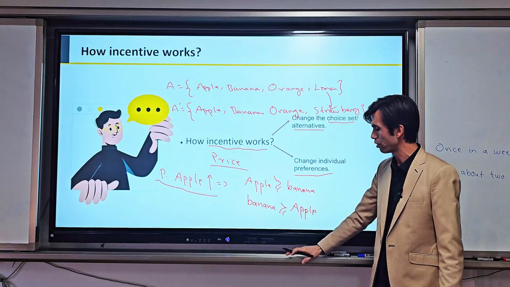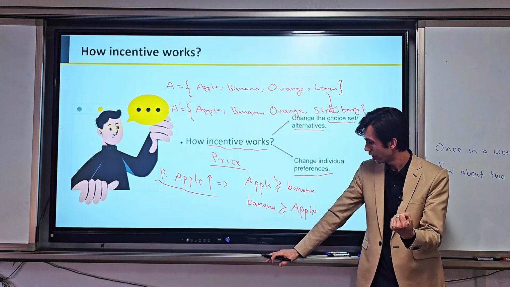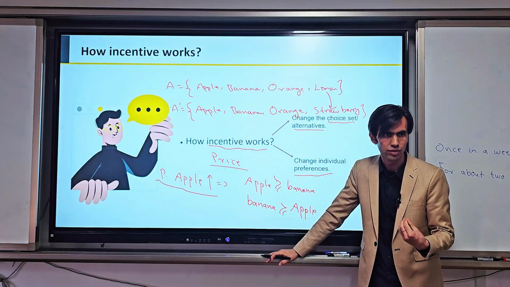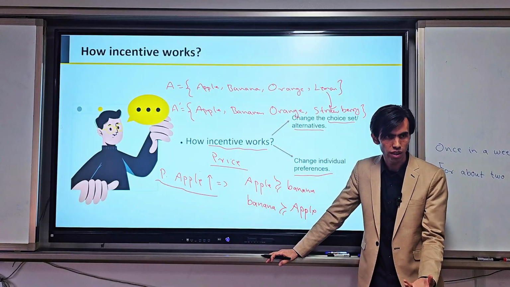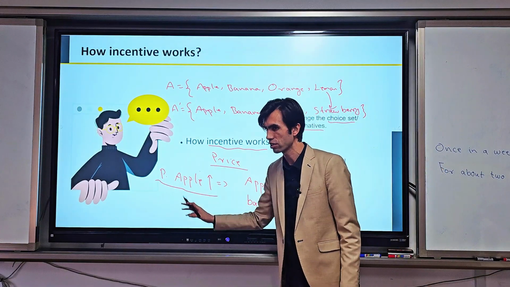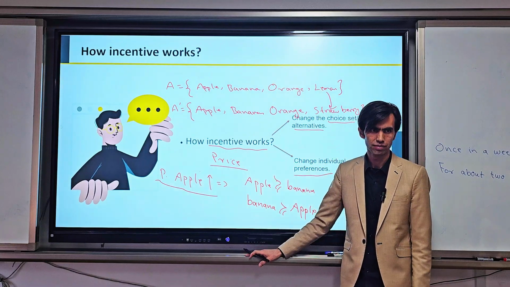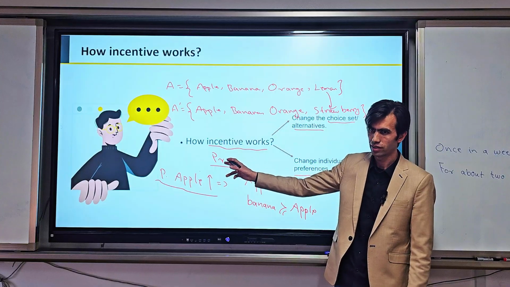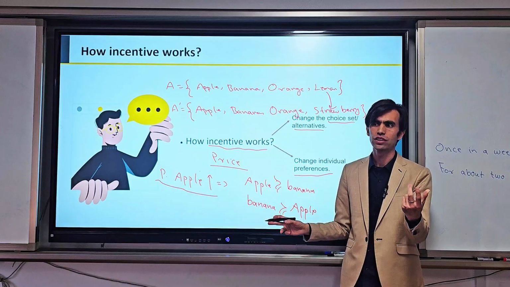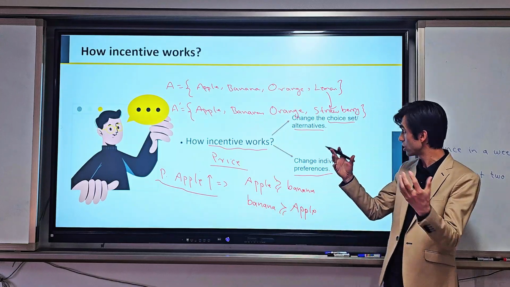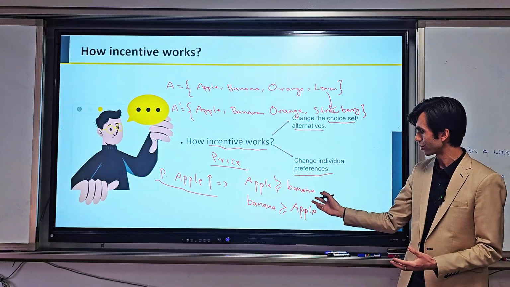If the shopkeeper asks, before you used to buy apple but now you are buying banana, why? You will say, because now the price of apple is high, I cannot afford it, so now I prefer banana to apple. So price, as one example of incentive, may have two different types of effect. It can completely change our choice set, or it can shift our preference relation from apple to banana.